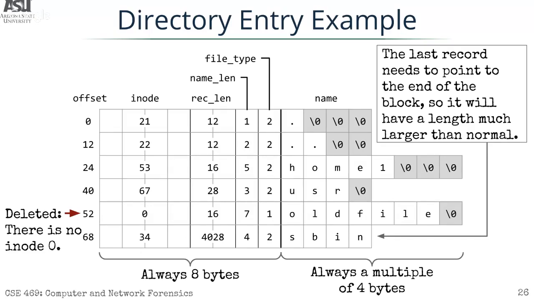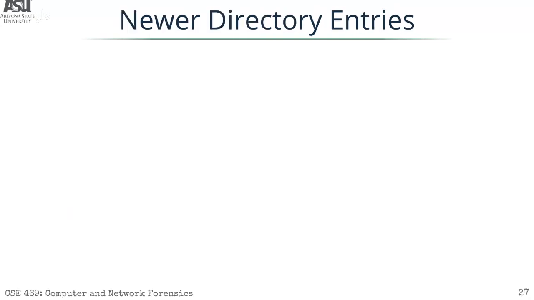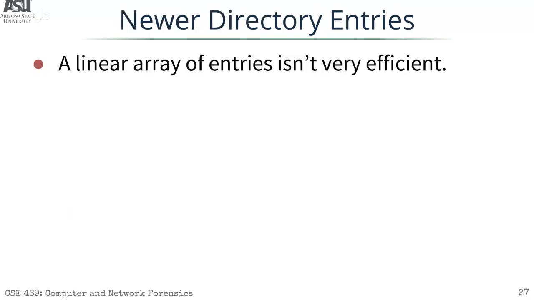Okay. Fix this structure in your mind. You got it? Hold on to it. Ready? Throw it out the window. So I just learned this today, okay? That this linear array of entries is actually quite inefficient.